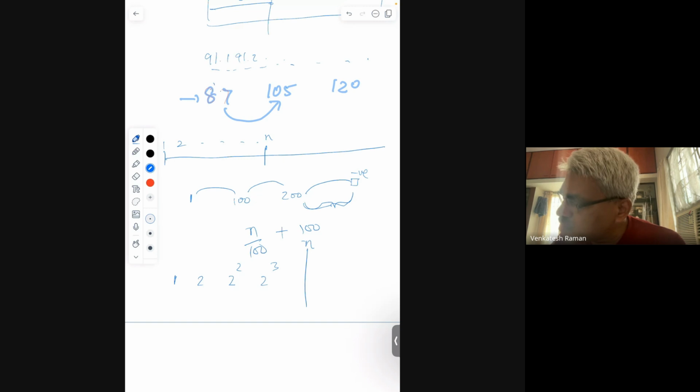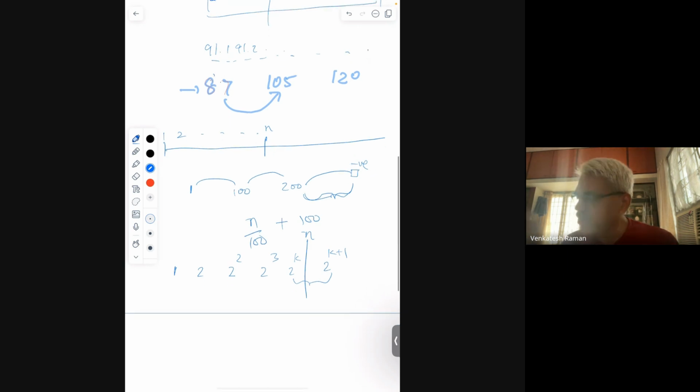I'm going to go up to 2 power k, and then 2 power k plus 1. Then I realize that up to the 2 power kth location it was positive, and the 2 power k plus 1th location is negative. So I know that whatever I'm looking for is in this range. Now I can do a binary search, because now I found a bounded range. So this is my algorithm.